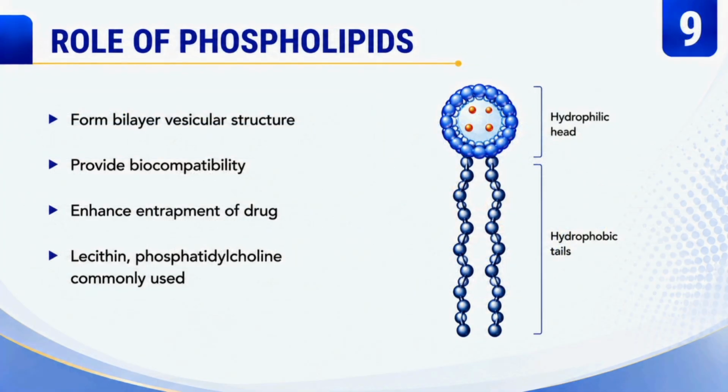So let us see the role of the phospholipid. Phospholipids form the structural framework of the ethosomal vesicles. Commonly investigated phospholipids include phosphatidylcholine, and phosphatidylethanolamine and related phospholipid materials are also used. The phospholipid concentration can significantly affect the vesicle size, membrane characteristics, entrapment efficiency and stability.